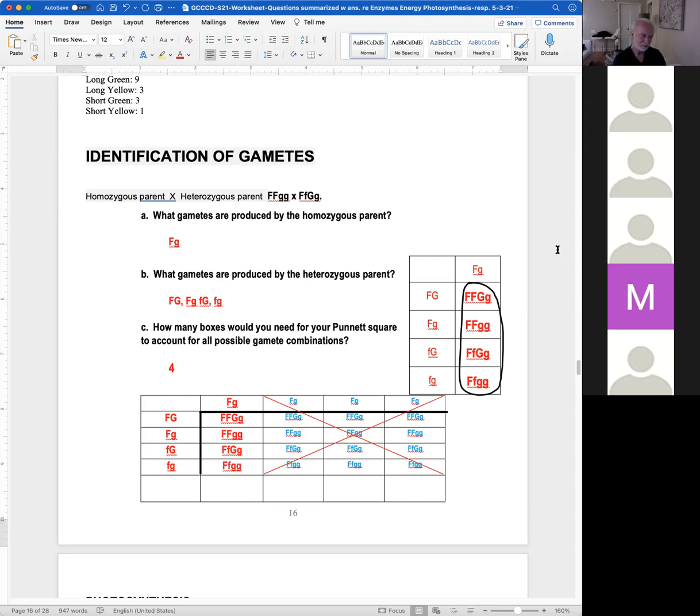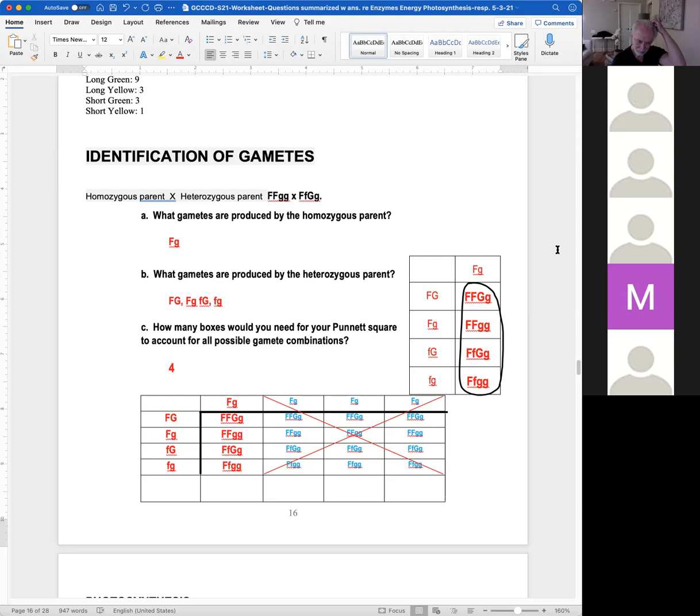Your percentages won't change. The types of genotypes won't change. None of the percentages are going to change for genotype or phenotype. So it's really just a waste of time. And on exams, when you have to lay these things out, why do 16 if you could get away with doing 4? It's a lot faster, a lot easier to tabulate, a lot easier to count.